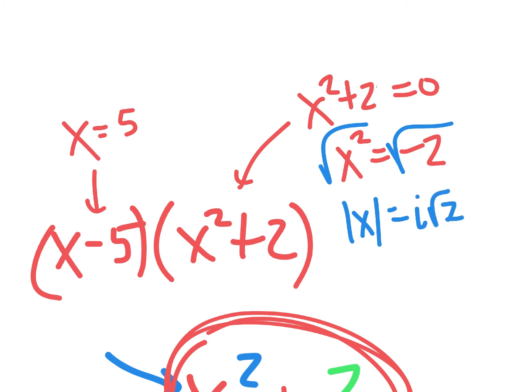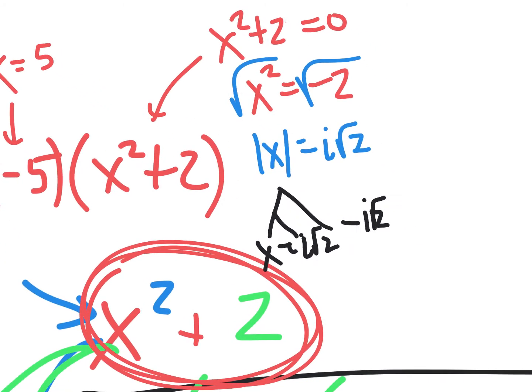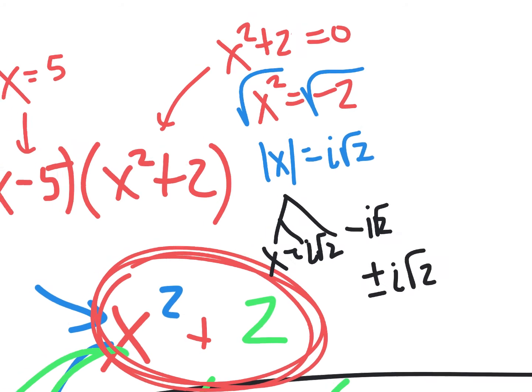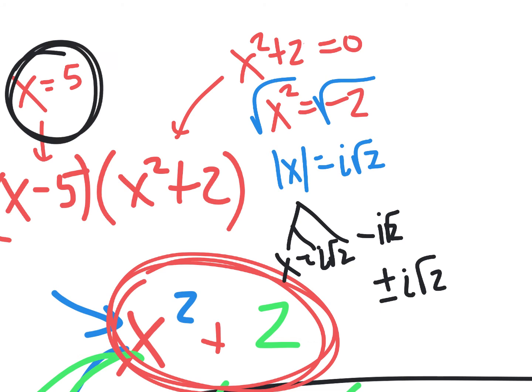I think this is going over some people's heads. But the final answer would be, I'd get 2 answers: x equals i root 2 and negative i root 2. So one person could argue plus and minus i root 2. My answers were 5 and plus or minus i root 2. All right, it got intense, I know.